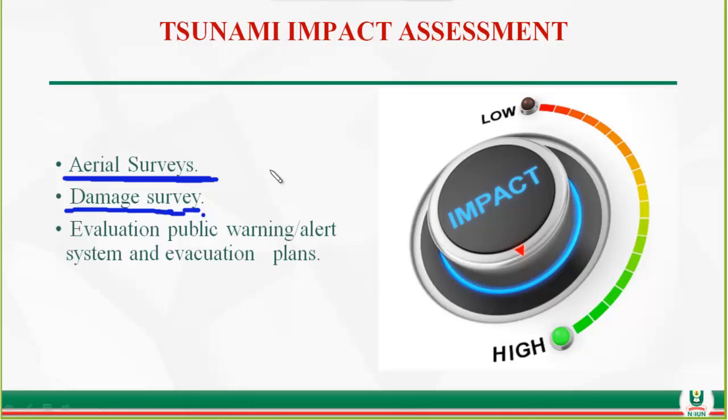Then evaluation of the public warning alert system, to be sure that there is actually a public warning or alert in the community. That's another way to assess tsunami impact, to know if the alert system and evacuation plans are adequate to reduce the level of damage.